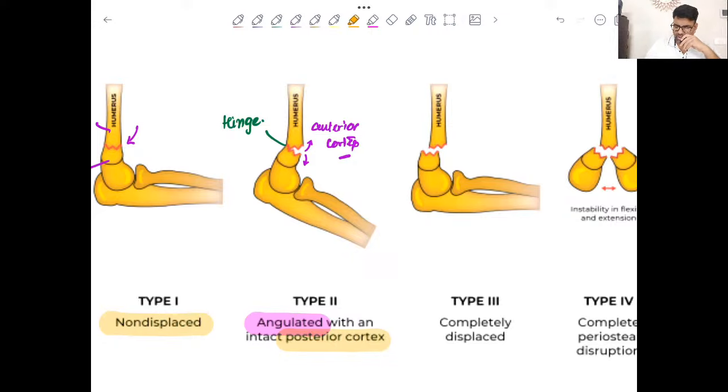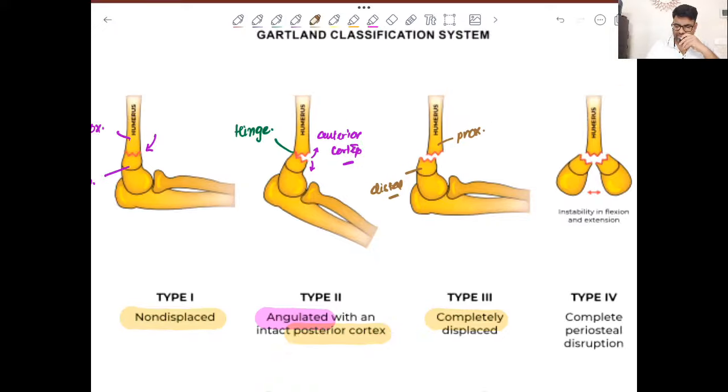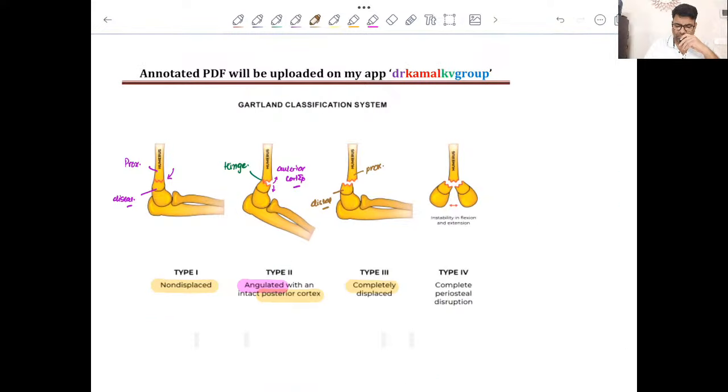In type 3 you can see there is complete displacement. This is the proximal fragment and this is the distal fragment, and we can see that both the fragments are separated from each other, right? So that is type 3. And type 4 is multidirectional instability, right?